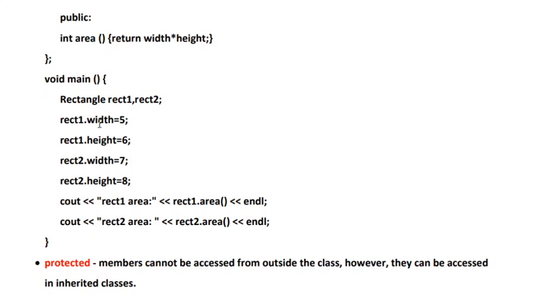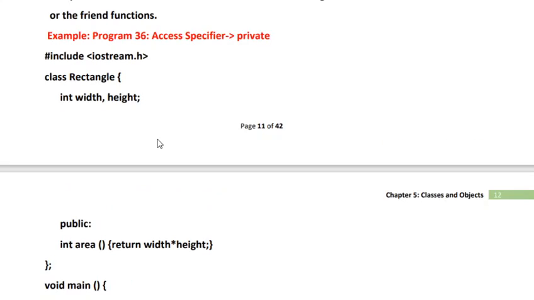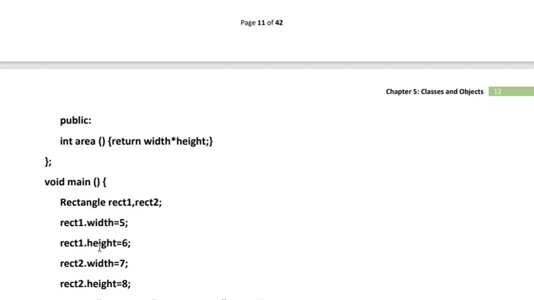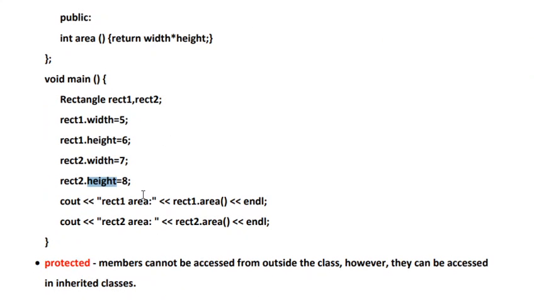Now listen to me carefully. Since the width and height of rect1 and the width and height of rect2 are private members, we cannot access the private members. So this set of statements will yield an error stating that private members are not accessible.